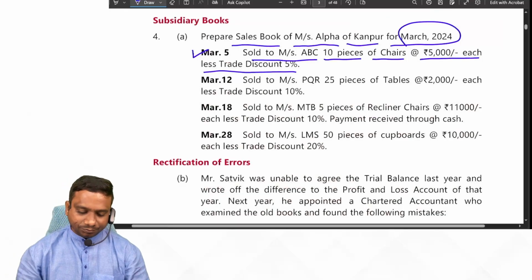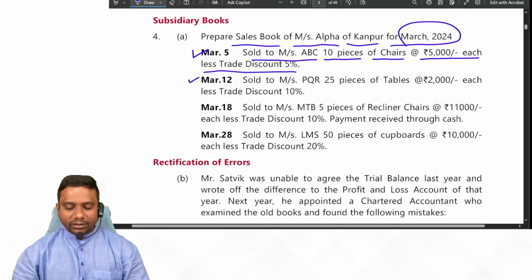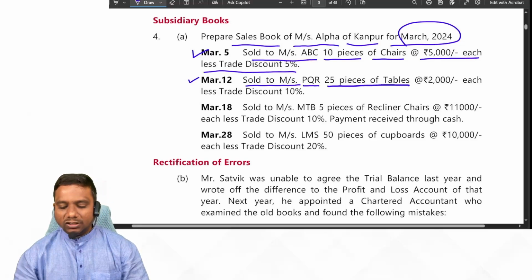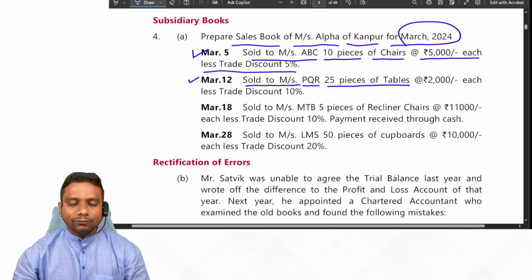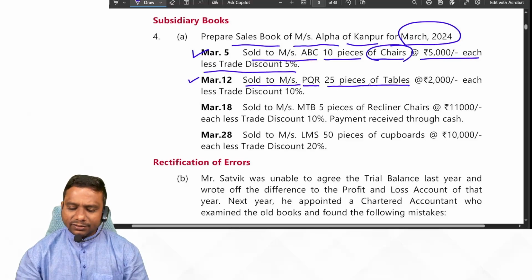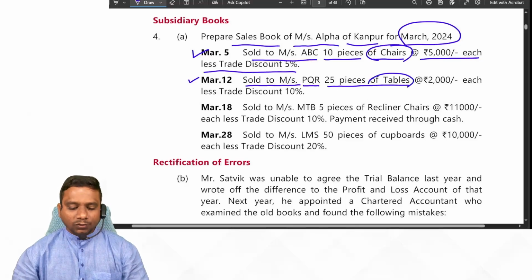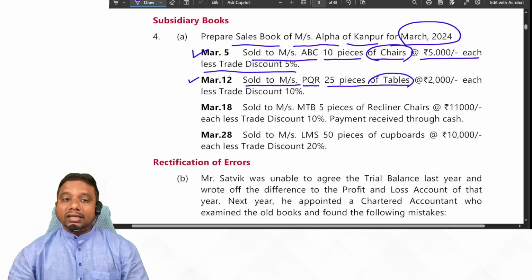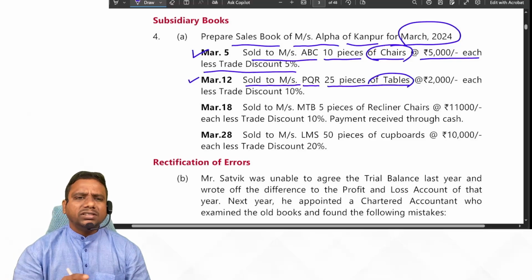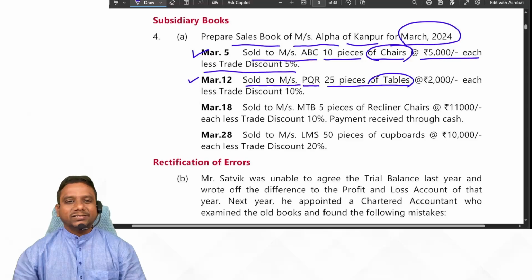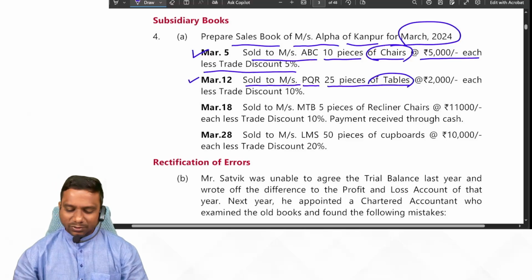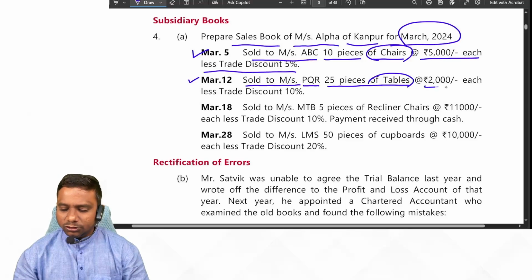Next one, March 12th. Sold to Messrs. PQR 25 pieces of tables. Table is also furniture if you observe. Okay, that means their business is furniture business. 25 pieces of tables, 2,000 each.